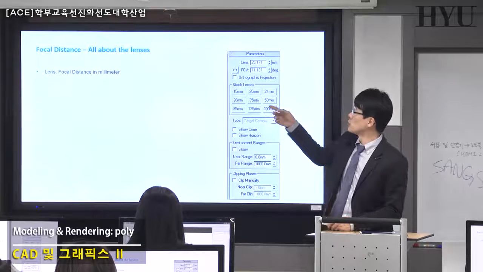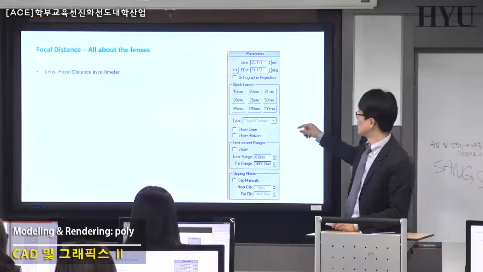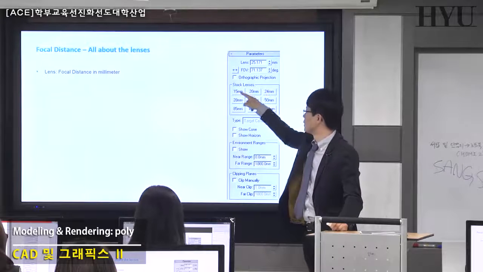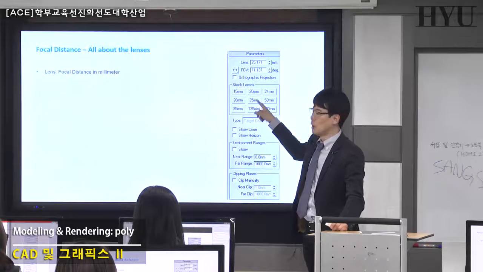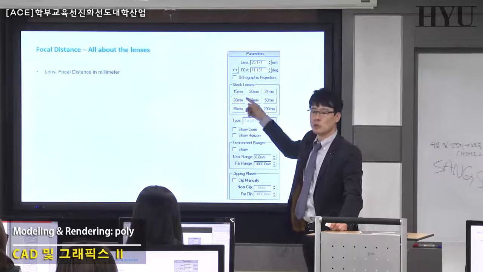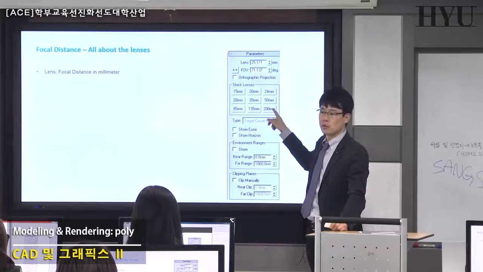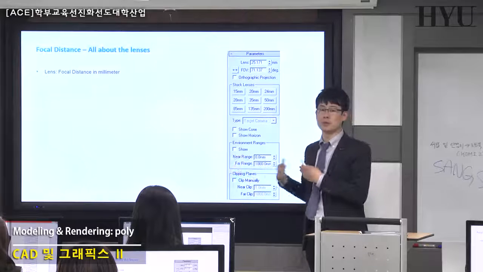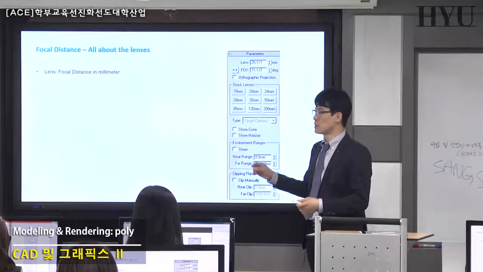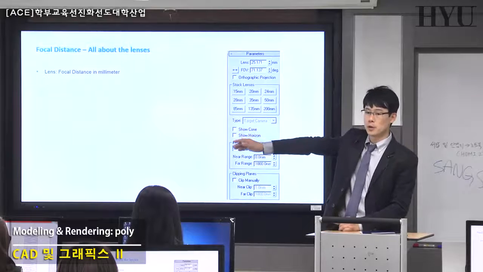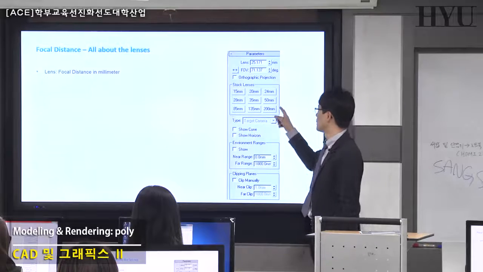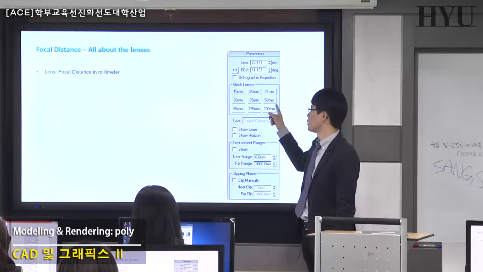The first thing you have to know is focal distance, the numbers, stock lens focal distance numbers. 15 millimeter, usually we say it's a wide lens, and 200 millimeter, that's a telescope lens, okay? You can see very far from here, but you can make it bigger using this kind of telescope.